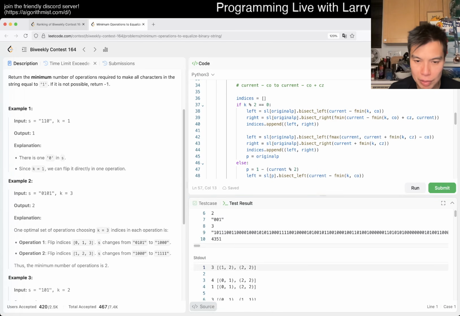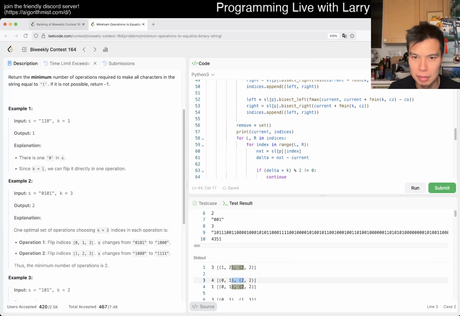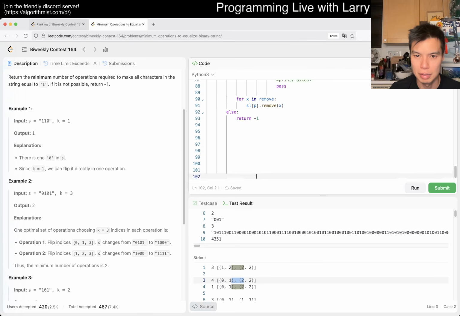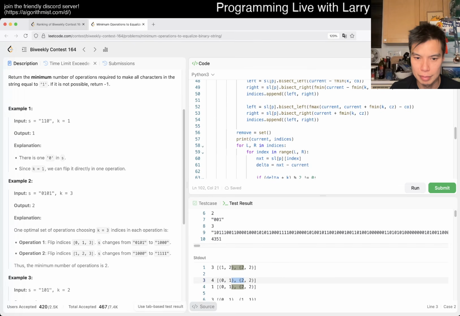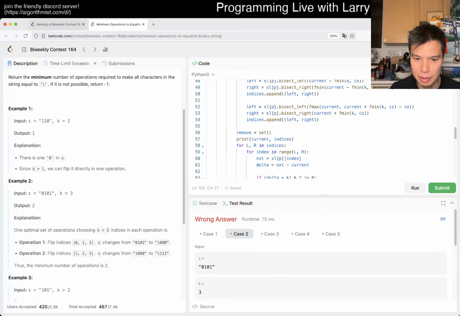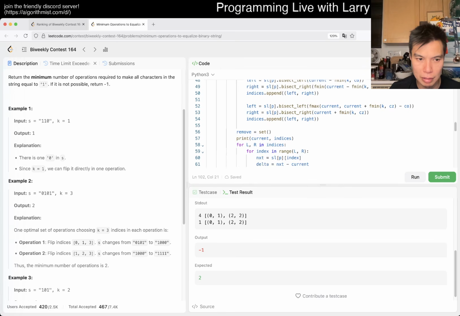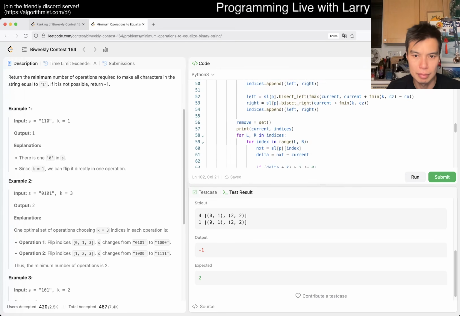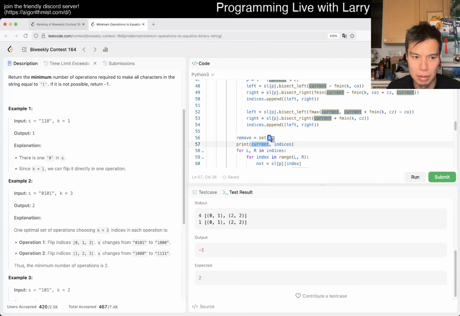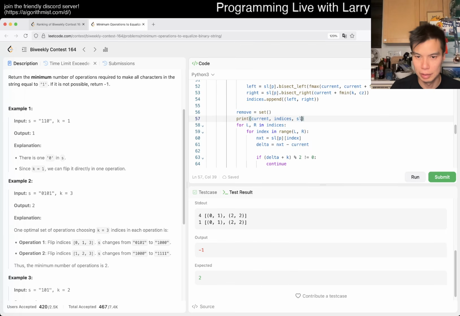I mean, yeah, just a little bit off on the math, but okay. So we have 4. We have 0, 1, 2, 2. Don't know what that means, I guess. I guess for this actually we expected 2 because for 3 we can do... I don't know what the indexes are, so I guess I have to print.